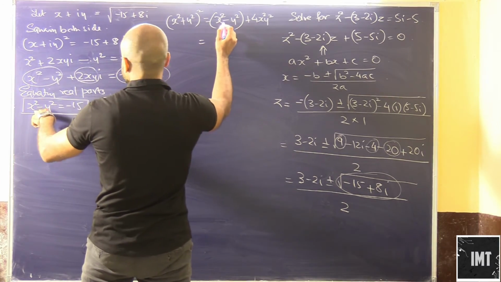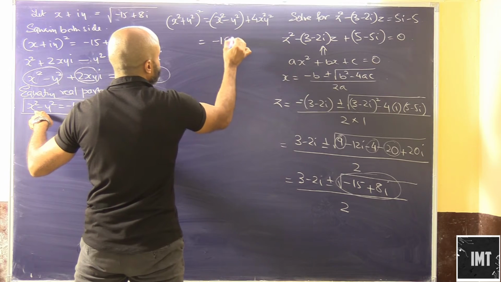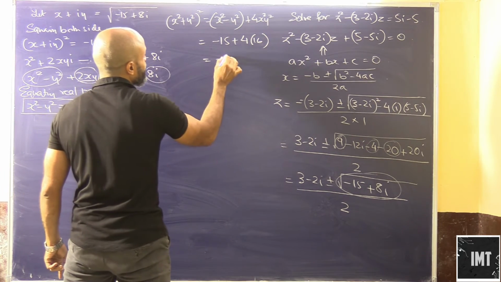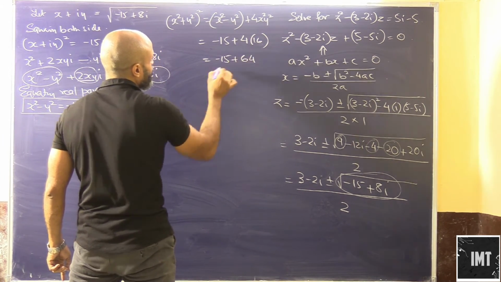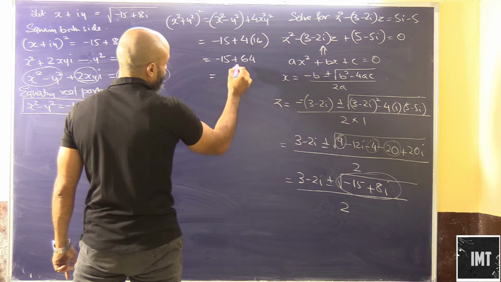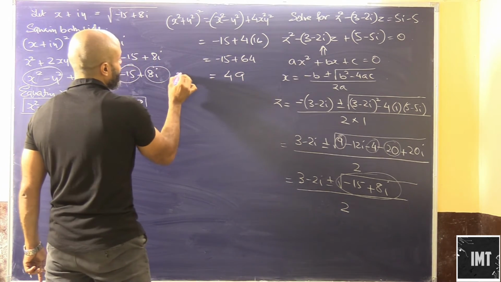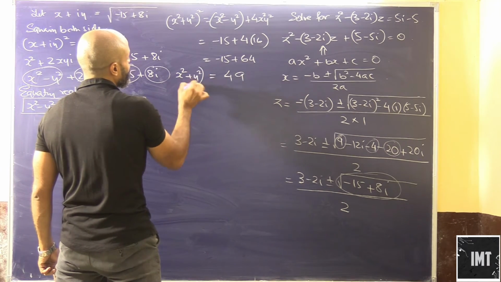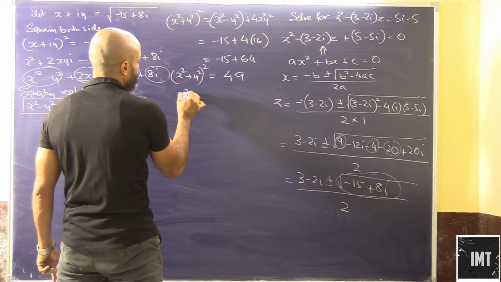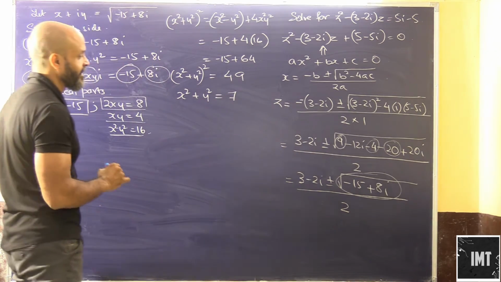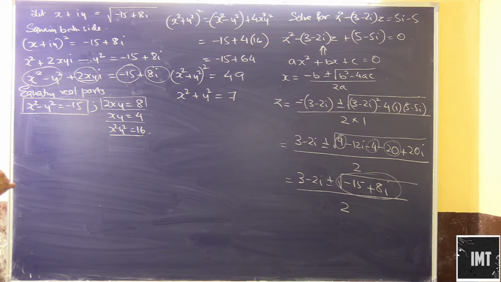So what do we have? (x square plus y square) square is equal to minus 15 square... rather, 225 plus 4 into 16, so this will be 225 plus 64, that will be 289. Right? X square plus y square is equal to 7.